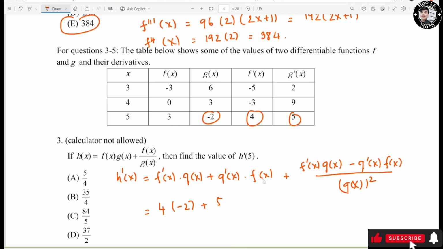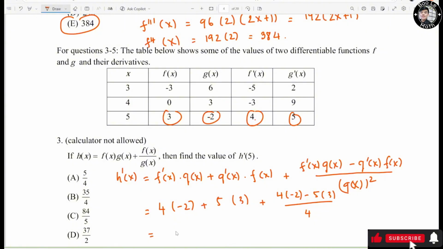F of phi is going to be 3 plus f prime of phi is going to be 4, right? G of phi is going to be negative 2 minus g prime of phi is going to be 5 and f of phi is going to be 3 over g of phi squared is going to be negative 2 squared is going to be 4, right?